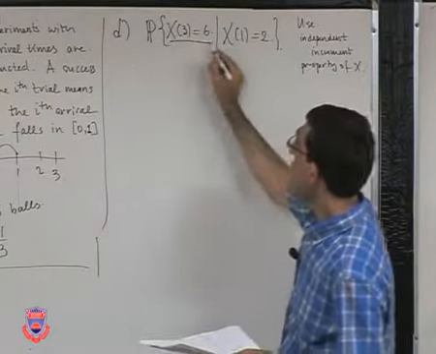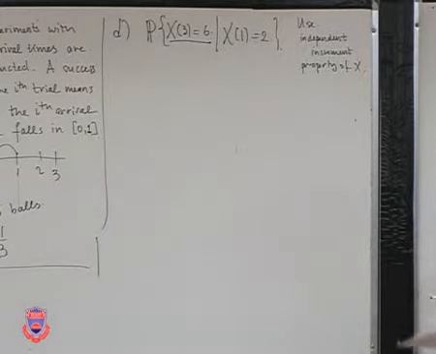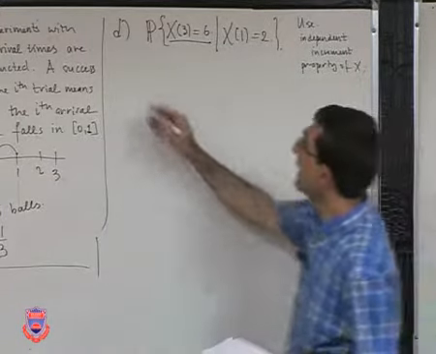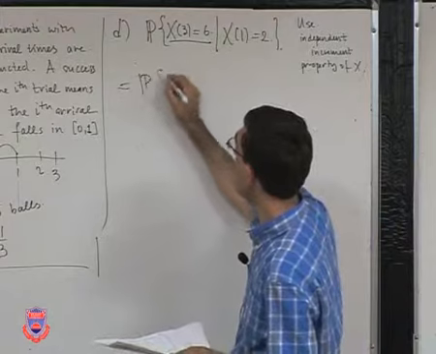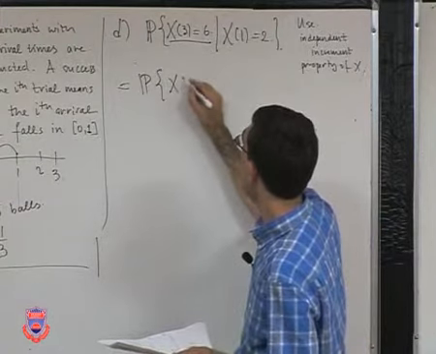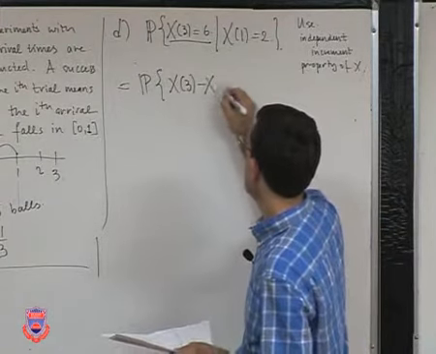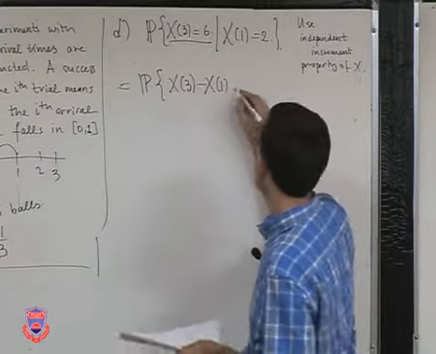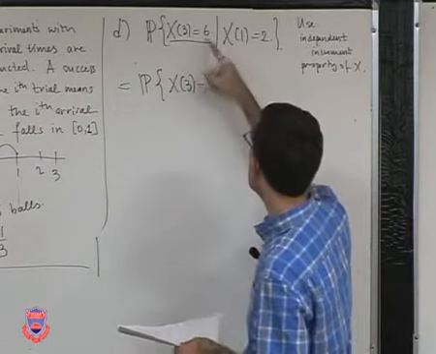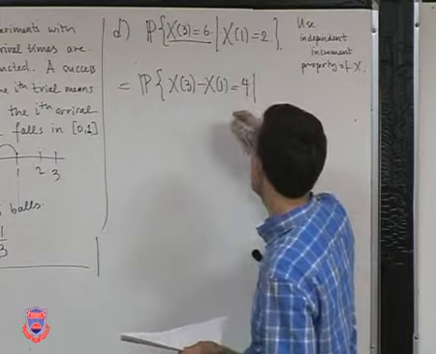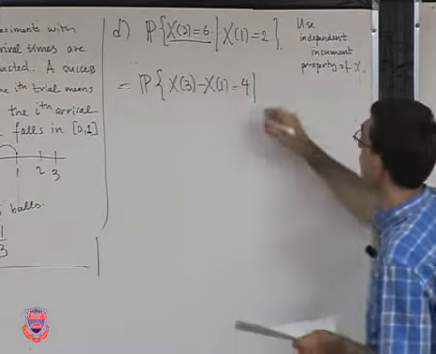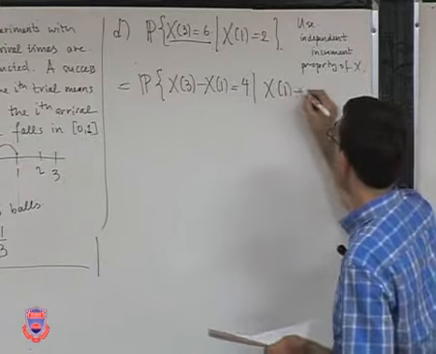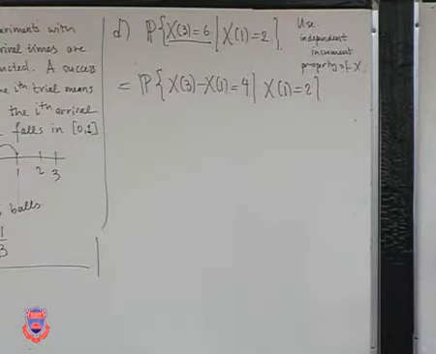So in order to have exactly 6 customers until the end of time 3, we must have exactly 4 customers in the remaining 2 units of time, from time 1 to time 3, there must be exactly 6 minus 2 arrivals. The condition occurs on the same piece of information, so these two probabilities are the same.